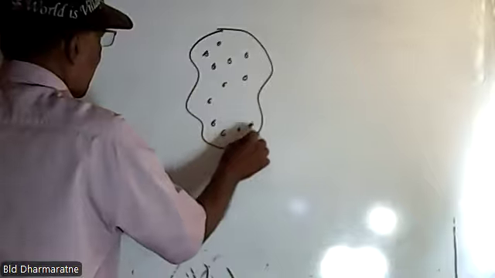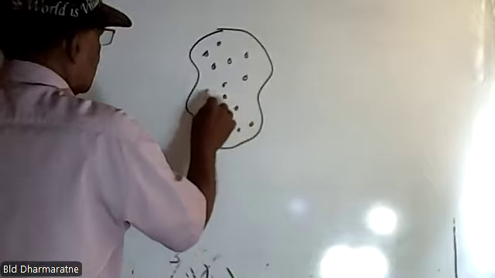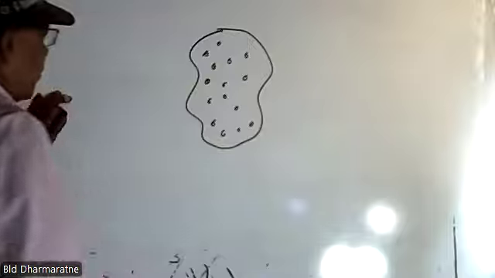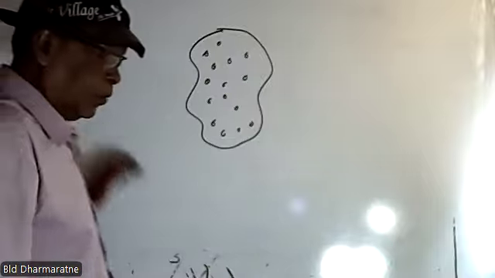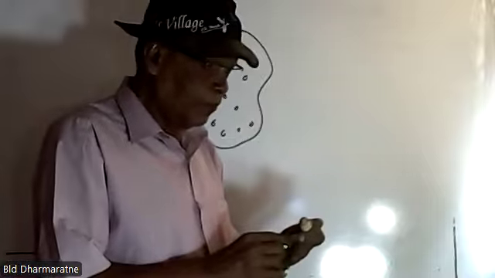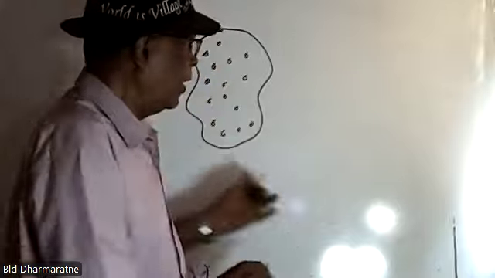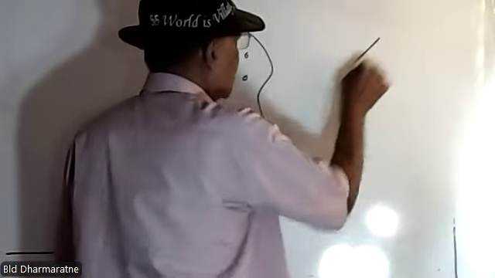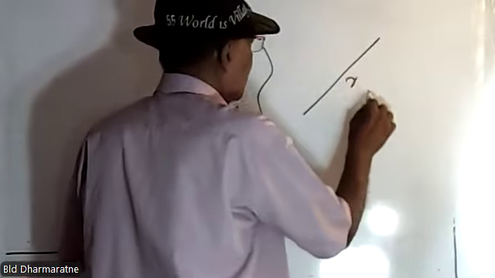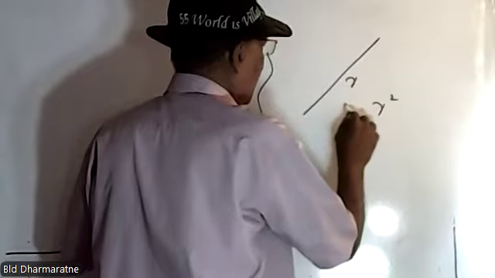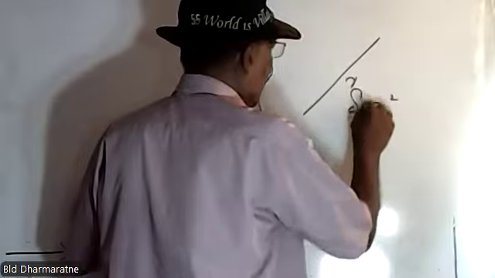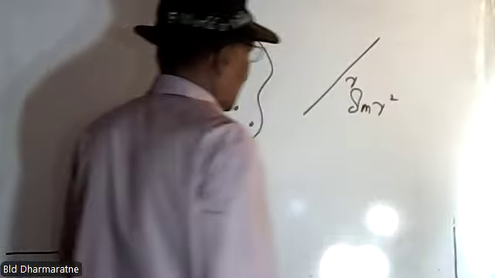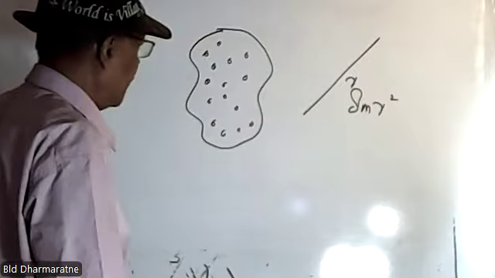The moment of inertia is described by each small particle's moment: take the mass and the distance r squared. These small masses are called delta m, so we have delta m r squared.